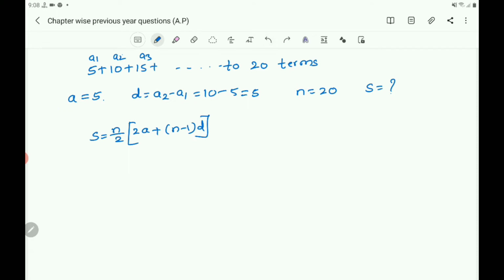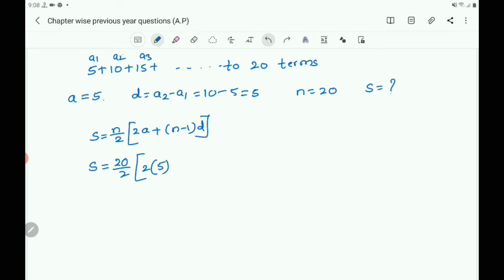Now you write the values of n, a and d. Here we have to find the sum of first 20 terms, so n is 20, and we have 20 by 2. Then 2a means 2 into a, in the place of a you write 5, so 2 into 5.